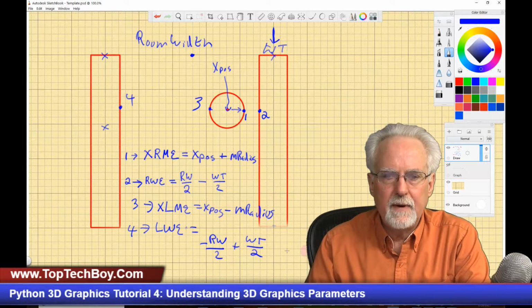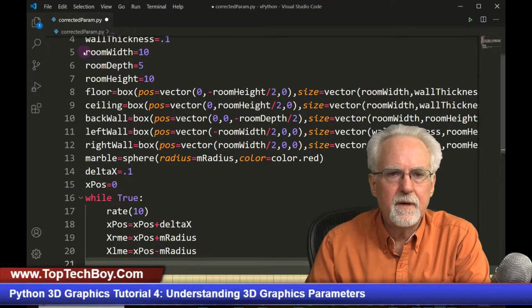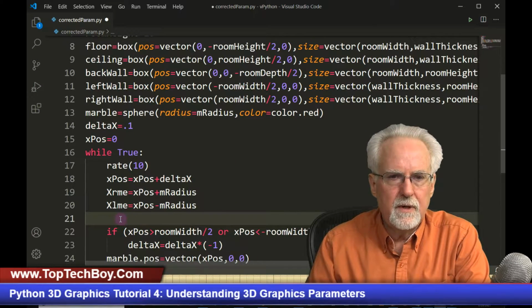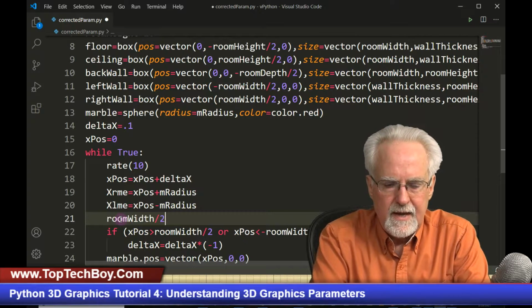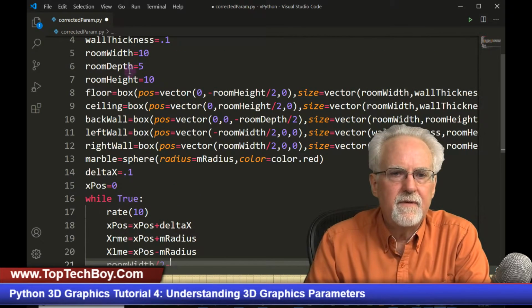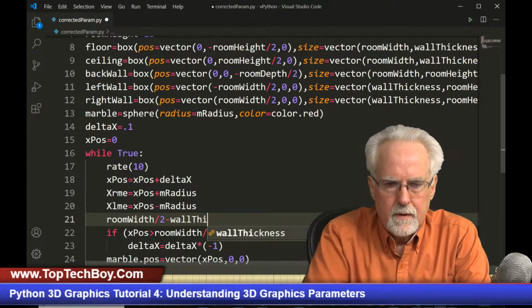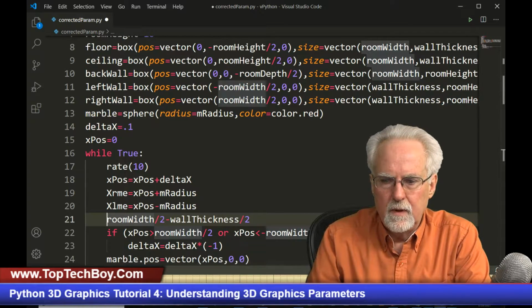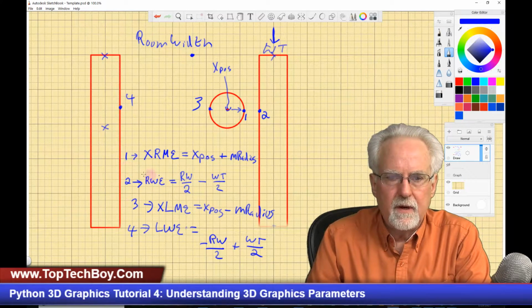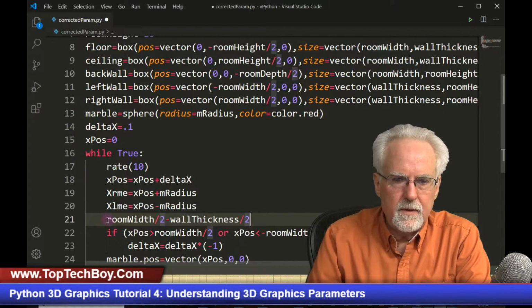So room width divided by 2, and then minus the wall thickness divided by 2. Right, and now what were we going to call that? We were going to call that right wall edge.